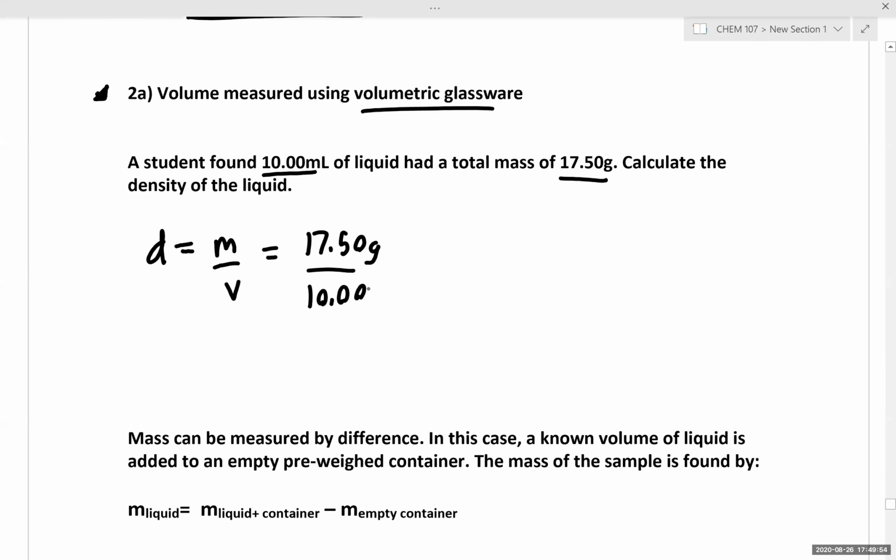And I'd like you now to work on the following example over the next 4 to 5 minutes. A student found the mass of an empty beaker to have the following mass. They add 10 milliliters of liquid to the beaker, and they have the mass of the combined liquid and beaker. I'd like you from this information to calculate the density of the sample.